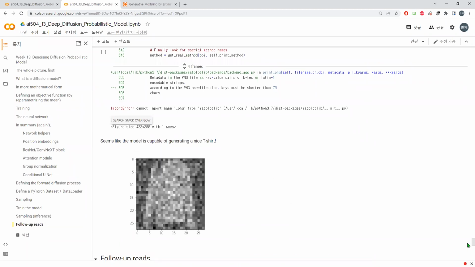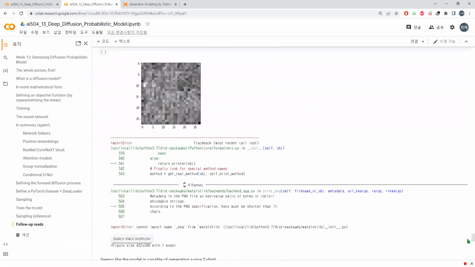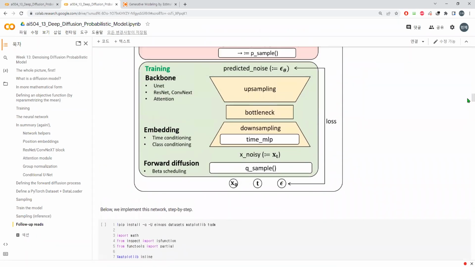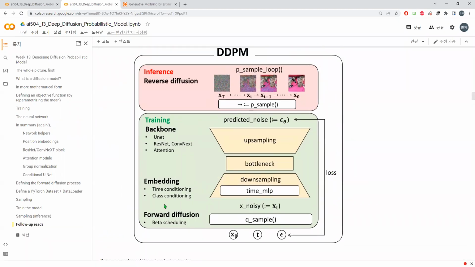The answer is yes. And if you want to target a specific class, then you have to add a class conditioning module like the time MLP. The name will be, for example, class MLP. And by training that, you can conditionally generate images for a specific class in the dataset.